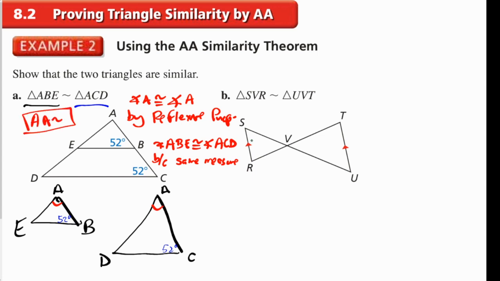If we look at problem B, we want to focus on these marks, which tell us that SR is parallel to TU. And when that's the case, we want to use our transversal and congruent angle theorems. And right away, we can see that angle S is congruent to angle U using the alternate interior angles theorem.